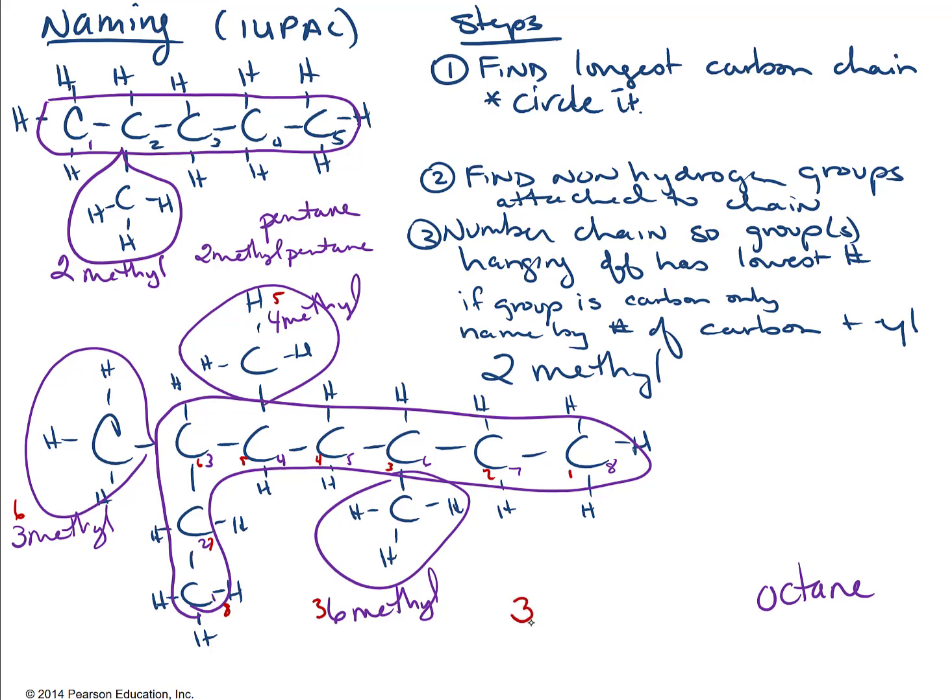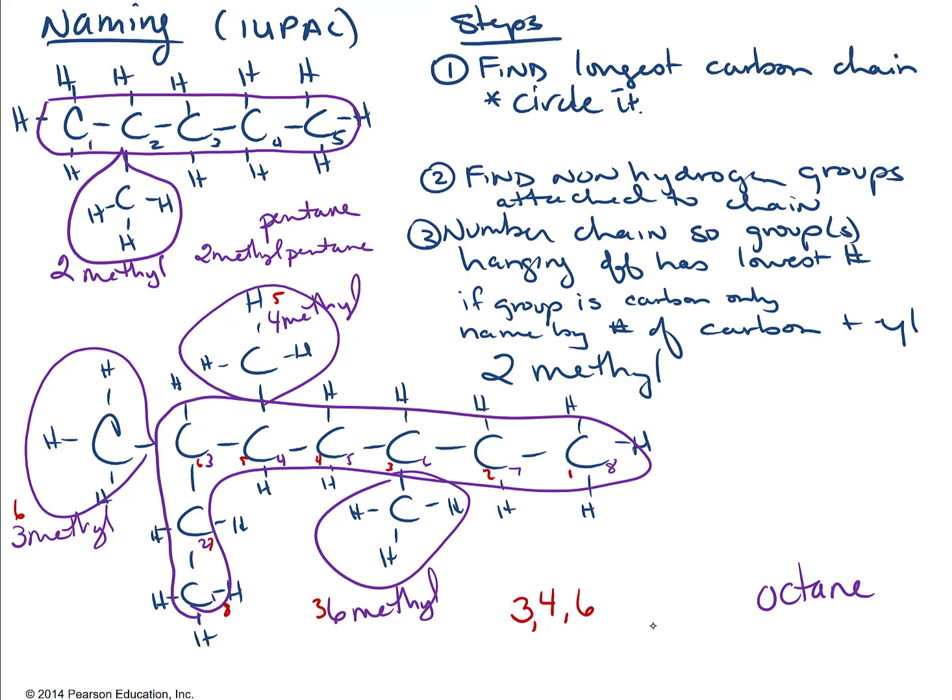So the way that I put this is 3, 4, 6. They're all methyls, but there are 3 of them. So IUPAC said, those are the people that made up these rules, not me, you can bundle them. If you have the same non-hydrogen groups, you can list them all together. So I don't have to say 3 methyl, 4 methyl, 6 methyl.